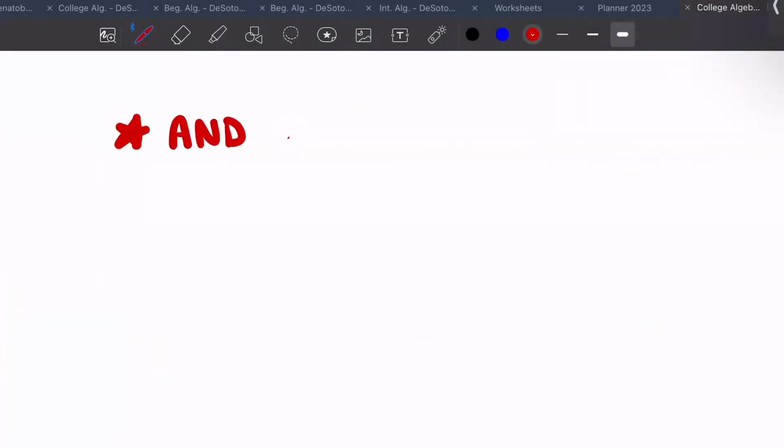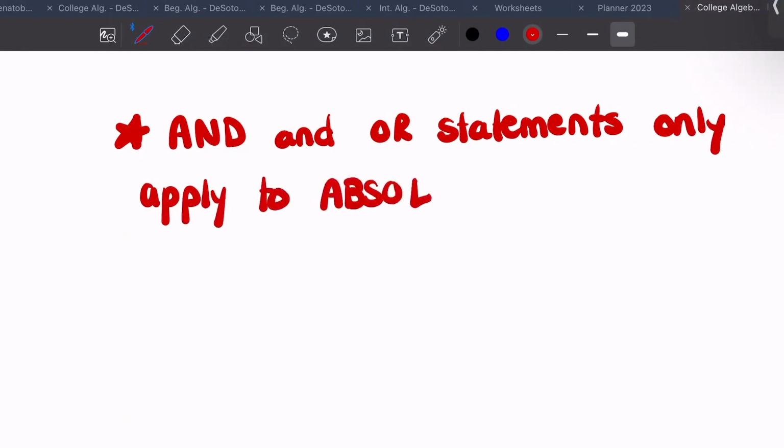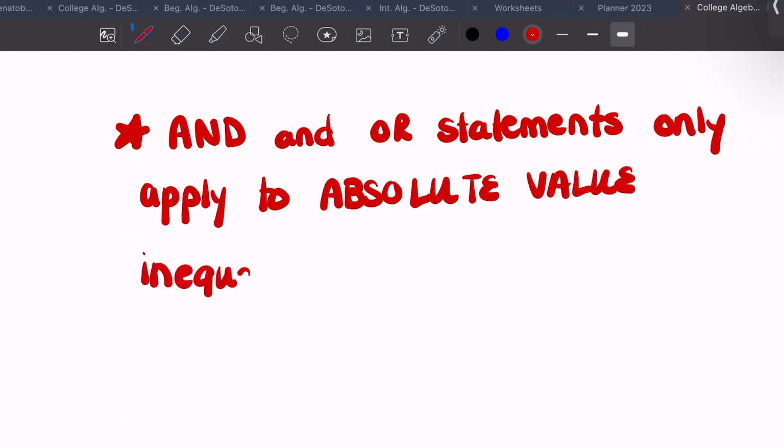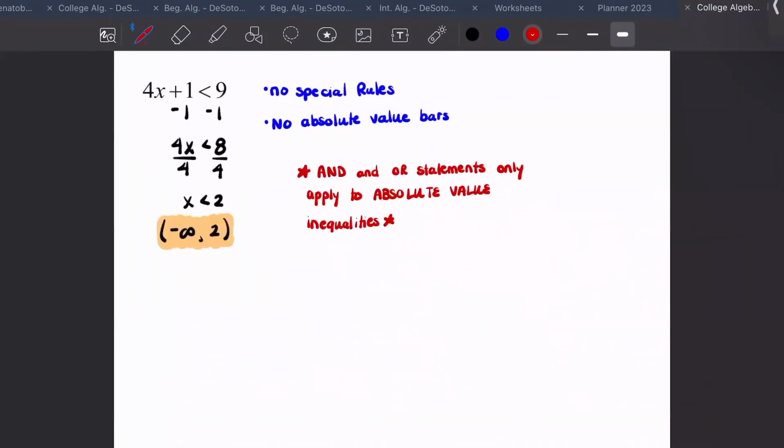And or statements only apply to absolute value inequalities. If you don't have absolute value bars, then you're just going to solve the inequality just like you solve an equation and then put it in interval notation. It won't be any different, right?